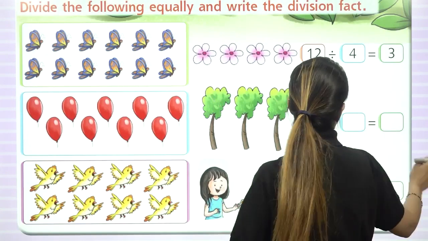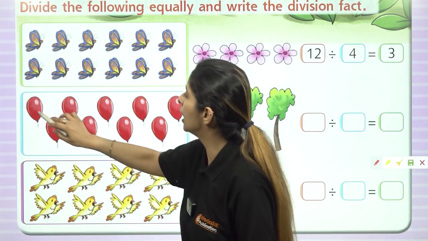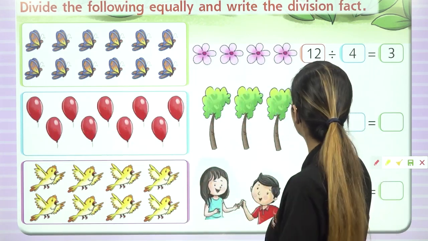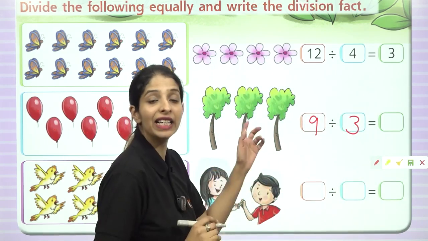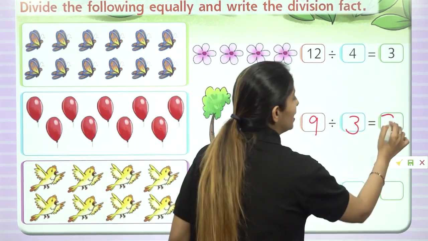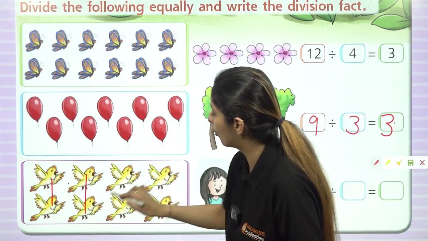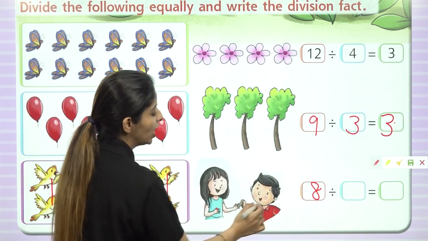Next you are given balloons. 1, 2, 3, 4, 5, 6, 7, 8, 9 balloons. So 9 divided by 3. When you divide 9 by 3, it will be 3. Next, 1, 2, 3, 4, 5, 6, 7, 8. 8 divided by 2.